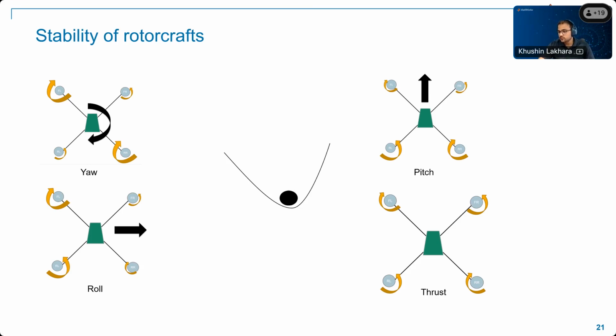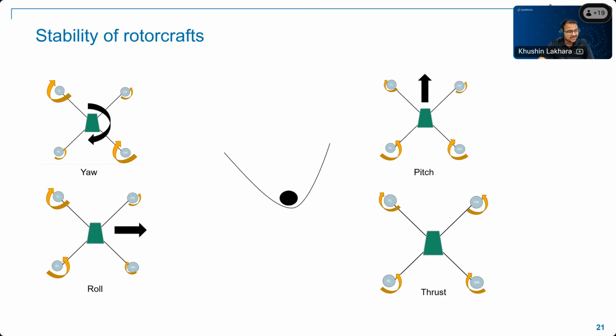Fixed wings are also UAVs, and fixed-wing aircraft are mostly stable. But rotorcraft, especially quadcopters, are inherently unstable. So if they are unstable, how do they fly, and how do we witness such stable flight?